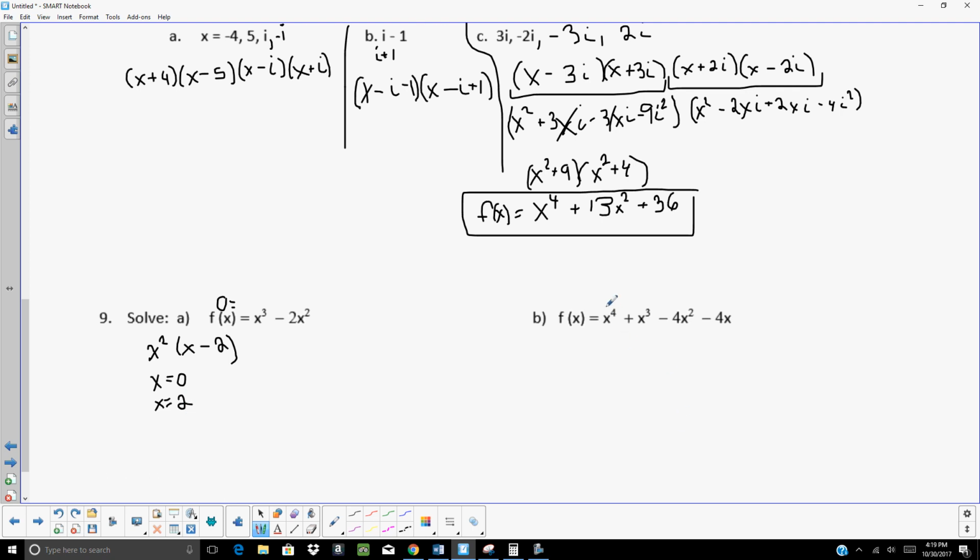On this one, I'm thinking about doing it with grouping. I want to make sure that negative sign sticks with the 4x squared. I'm going to factor out an x cubed here. And I'll be left with x plus 1. I'm going to factor out a 4 here.